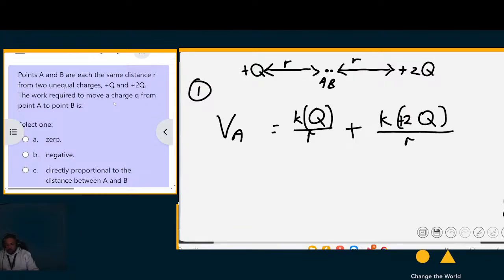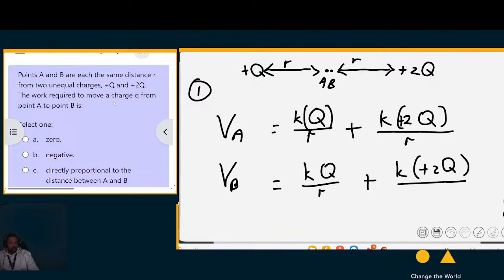Now the potential at point B, we do the exact same thing. It is the potential due to charge q over r plus the potential due to charge 2q over r, because they are the same distance away.